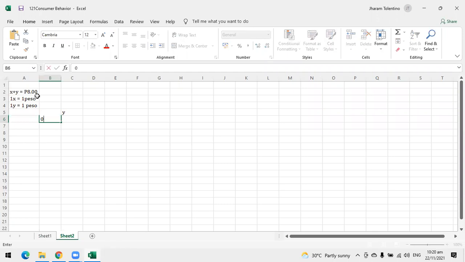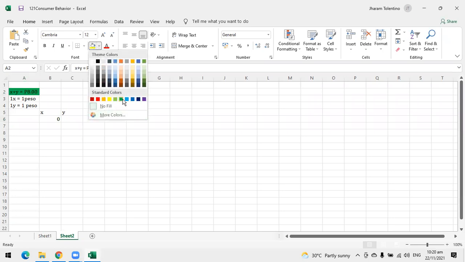If X is 0, applying the budget and the formula, this is our formula. It's easy.